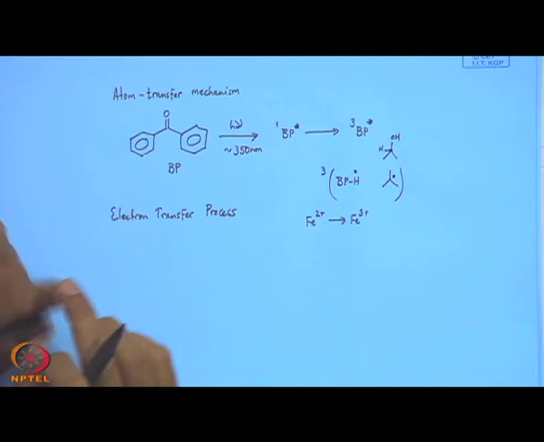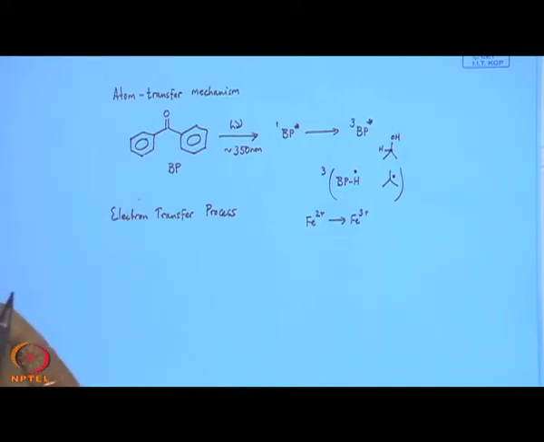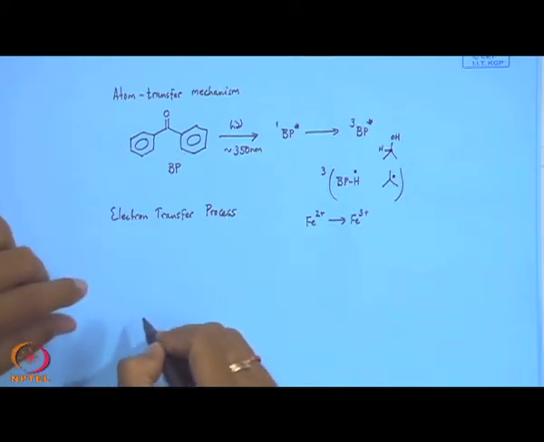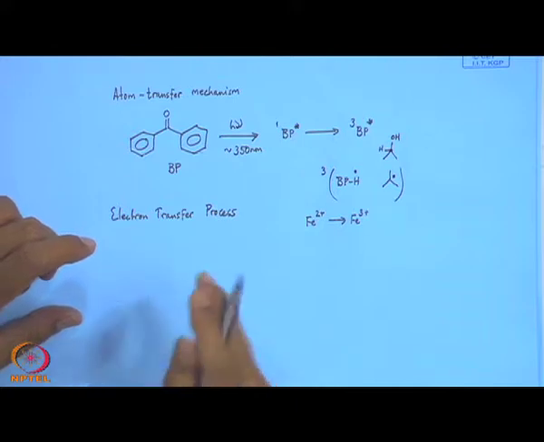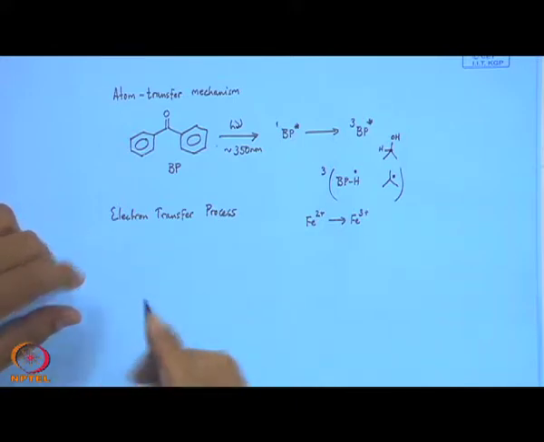The greater the reduction potential, the greater is the tendency to be reduced. The same principle also applies to electron transfer processes in which one of the partners is in the electronically excited state and the other partner is in the ground state.